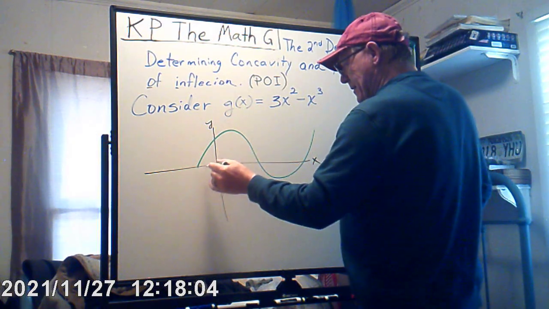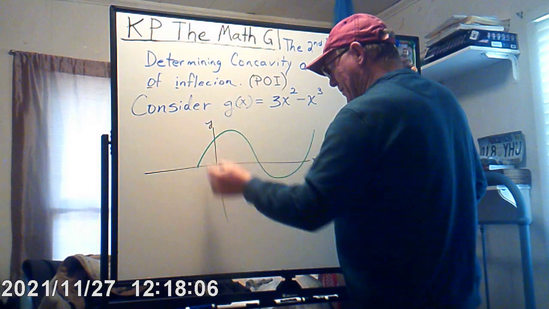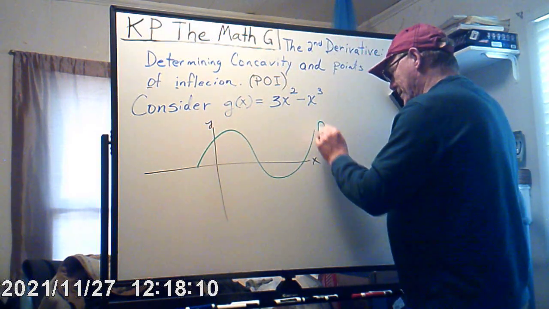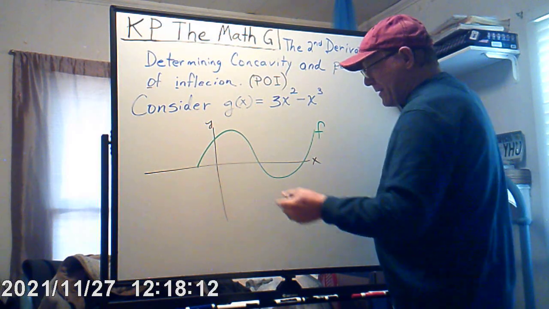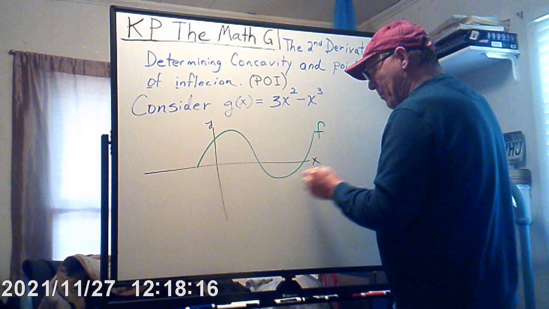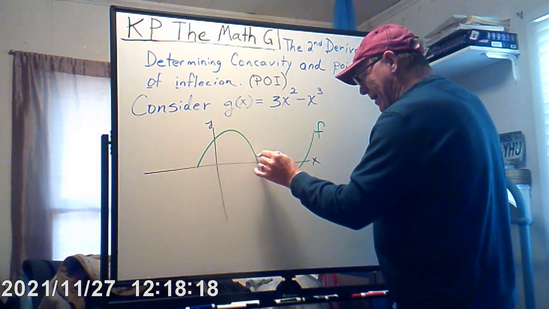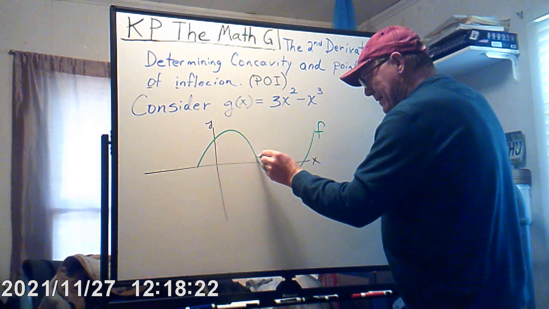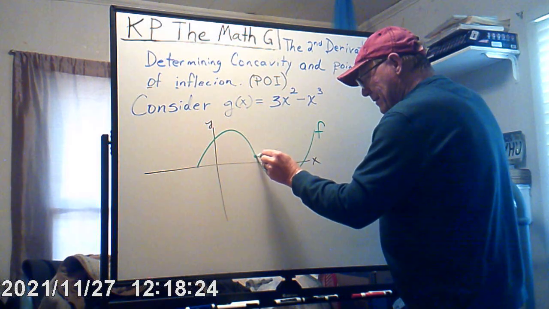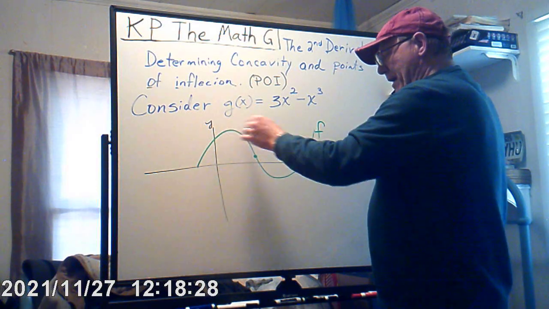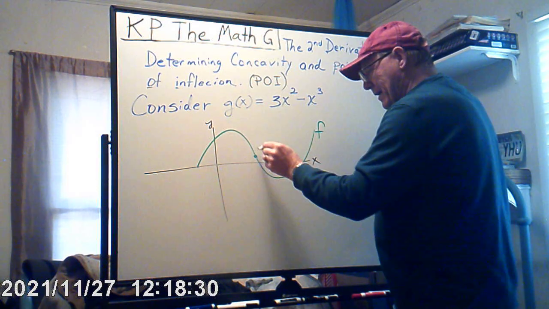And we know that this portion from here to here is concave down. And if we call this a function of L, then this portion right here is concave up, and the point of inflection would be right in between, where it goes from concave down to concave up.